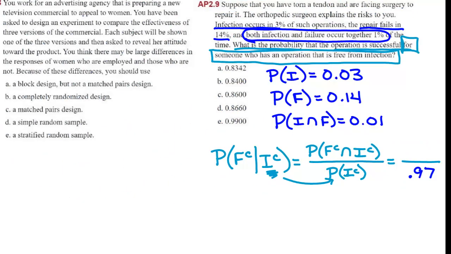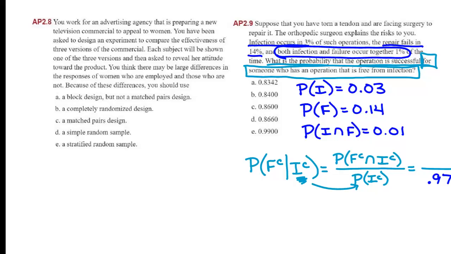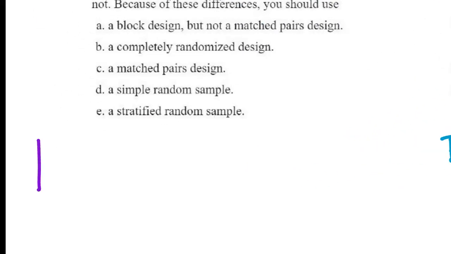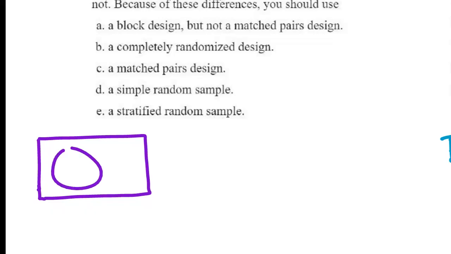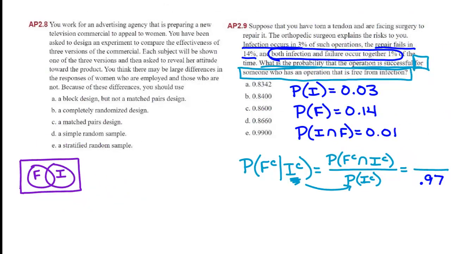So now we just need the probability for that numerator there. I'm going to draw a quick picture off to the side so that we understand what we're looking at here. If this is failure and this is infection, I want the probability of failure complement, so outside of the failure bubble, intersecting with infection complement, so outside of the infection bubble.